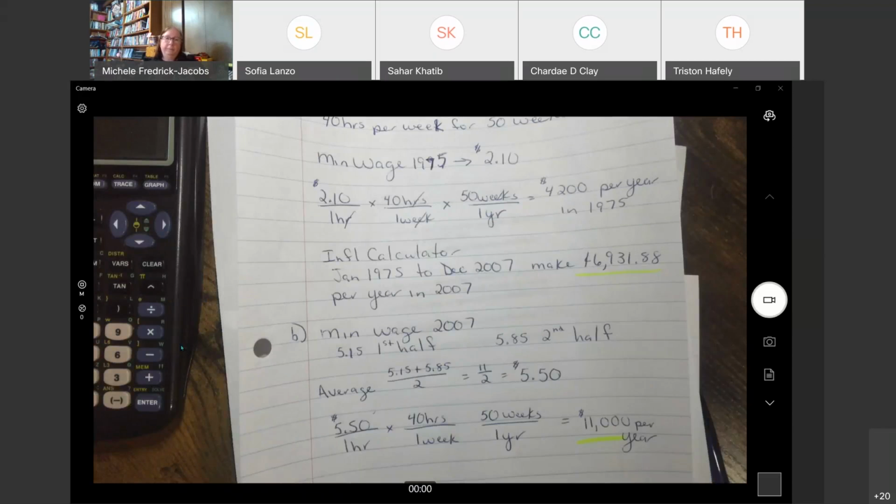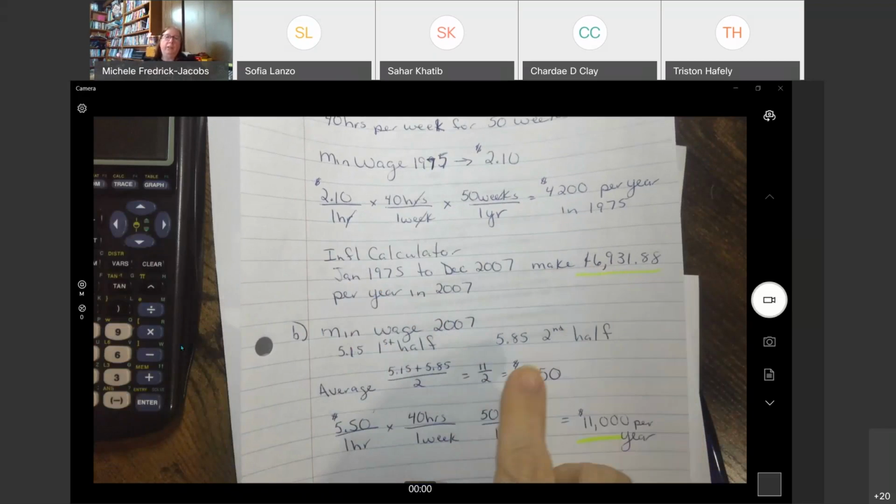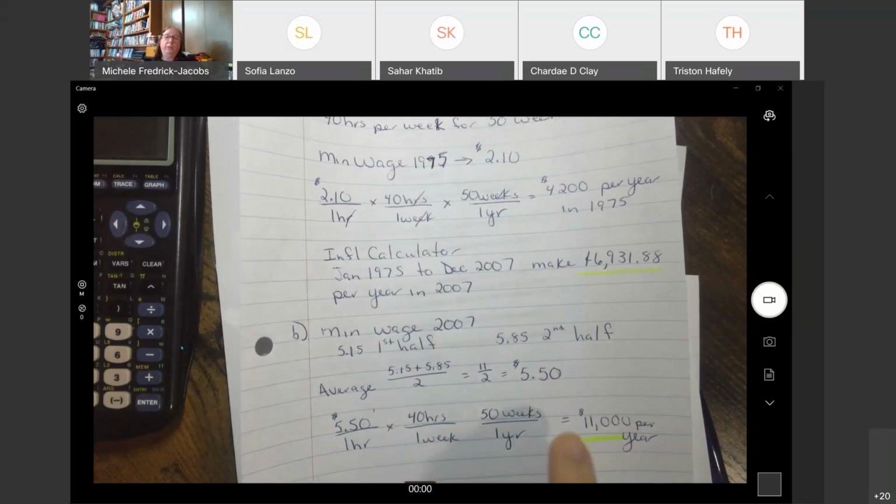So for the explanation, it should be, for 1975 to 2007 with inflation, they should be making 16,000 per year. According to the inflation calculator, they should be making 16,000, but according to minimum wage, they're only making 11,000.